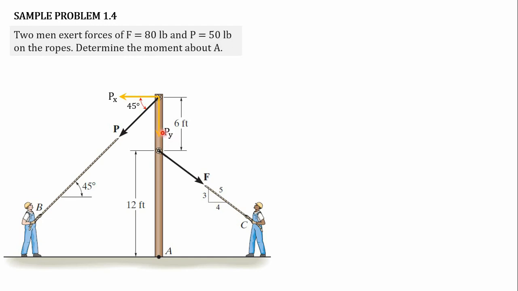Okay, so this is component Py, component Px of the component of force P, no? And next is i-draw natin yung F na naman, no? So component ng F is ito yung Fx natin and ito yung Fy.